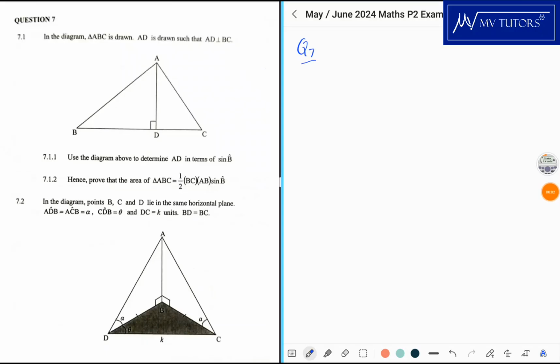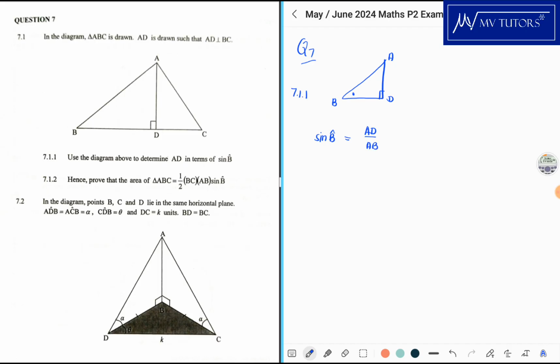Question 7, we are drawing near. So in the diagram, triangle ABC is drawn. AD is drawn such that AD is perpendicular to BC. Okay, so 7.1.1, use the diagram above to determine AD in terms of sine B. So if you have your triangle over here, it's AD, B, and we're looking for sine B. Sine B will be equal to opposite over hypotenuse.